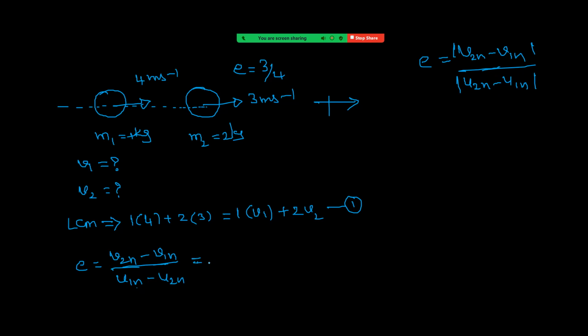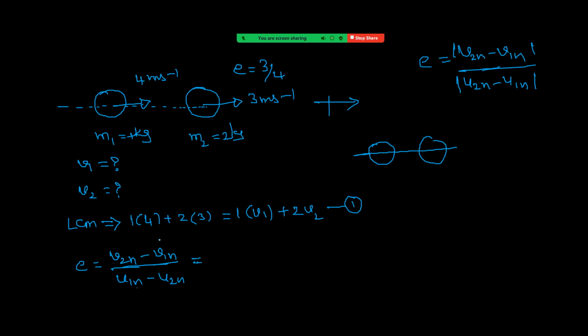In the case of one-dimensional collision, after collision their velocities will again be along the same line, maybe right or maybe left. Therefore, directly we can write V2 minus V1 upon U1 minus U2.